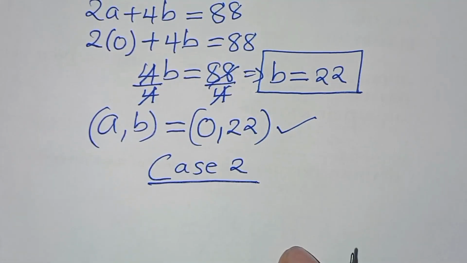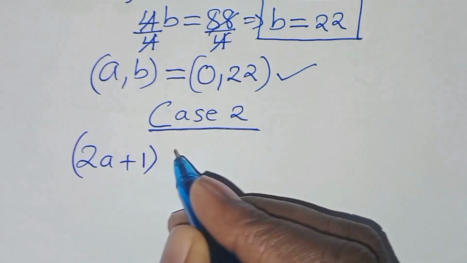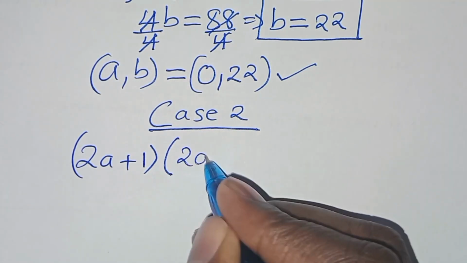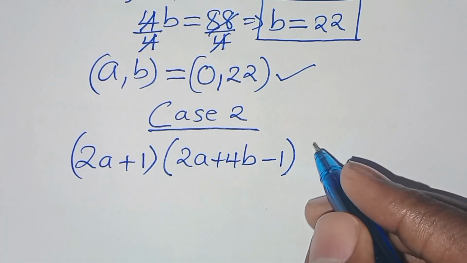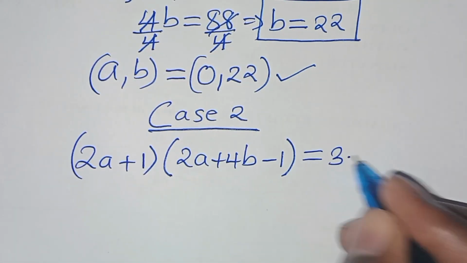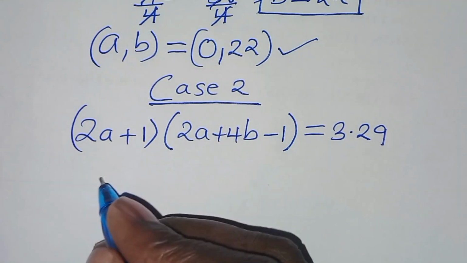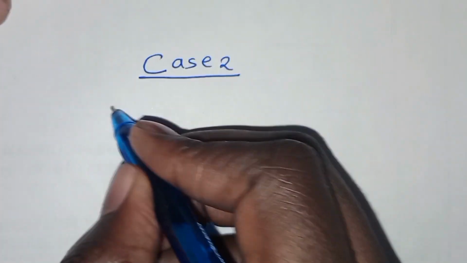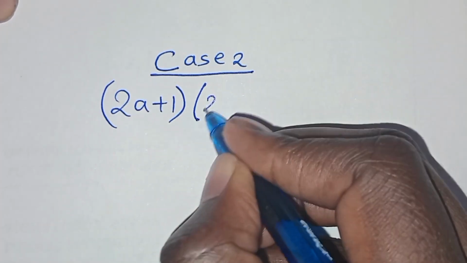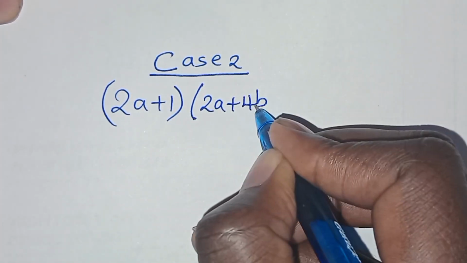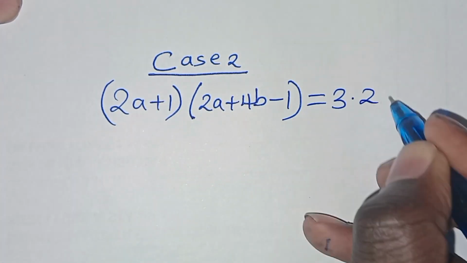Now, in case 2 here, we have 2a plus 1, close the bracket, and then we have 2a plus 4b, subtract 1. This is equal to 3 times 29.